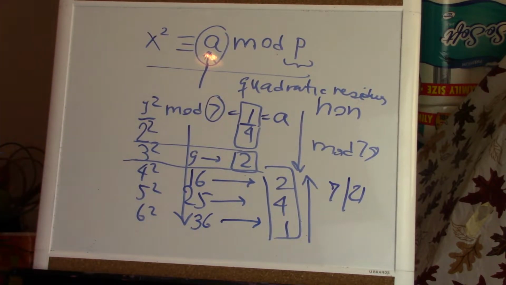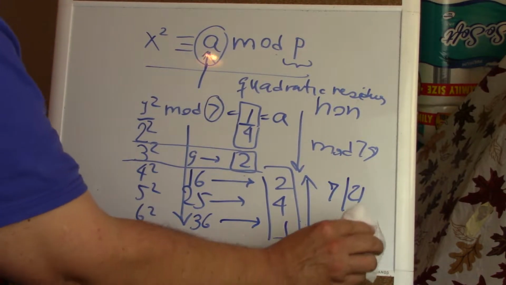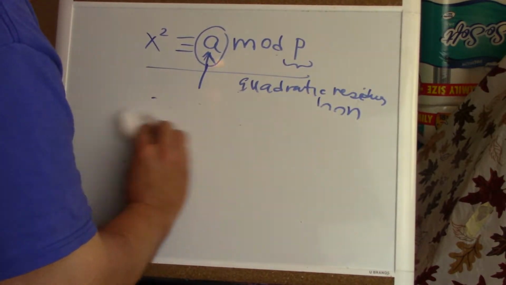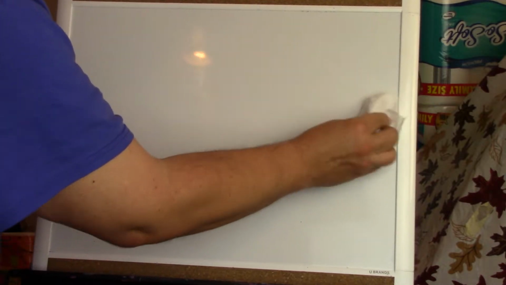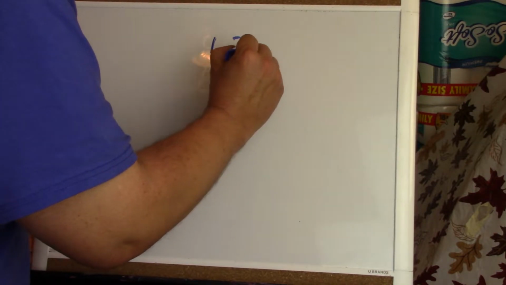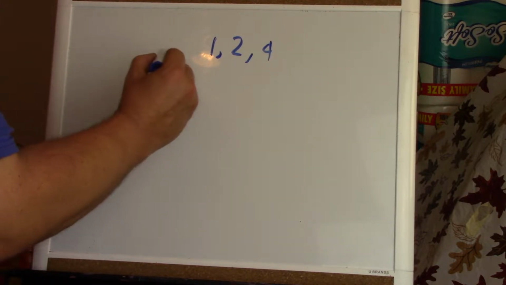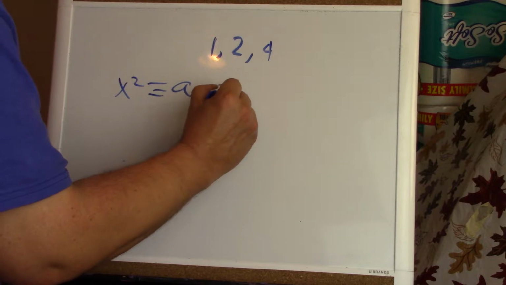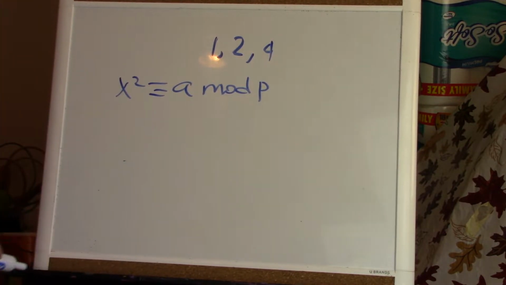So right there, you see how the quadratic residues of 7 work. Now remember that we obtained 1, 2, and 4. These were the solutions to x squared ≡ a mod p.